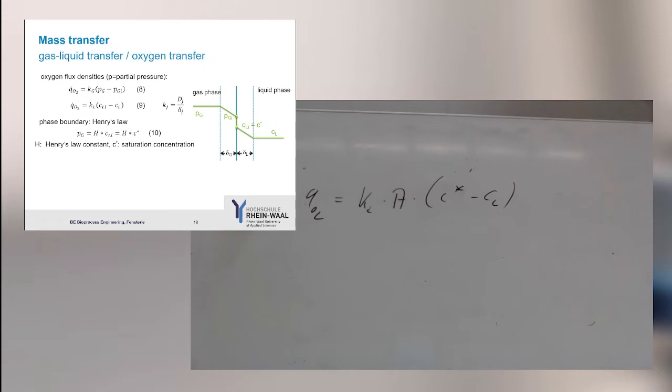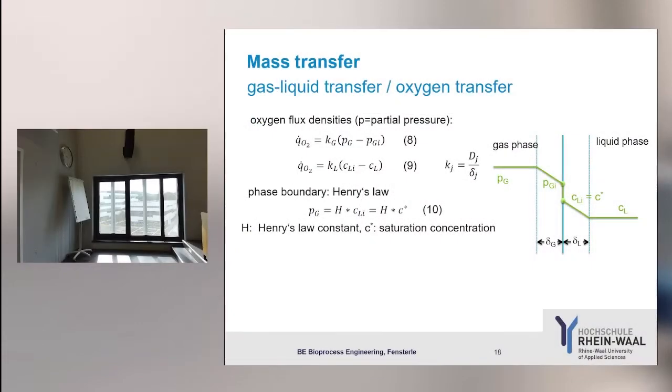So this is the complete oxygen flux over the complete bioreactor. And it's of course clear that if I have a bioreactor which is very large, it's not too surprising to have then a high oxygen flux in this bioreactor.